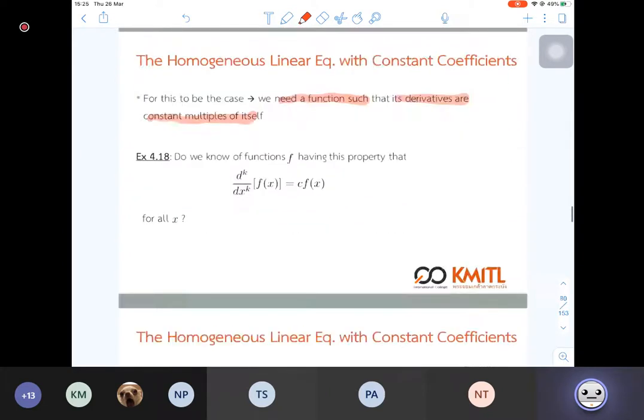Okay, the question is, do you know such functions? The functions that when you take the k-th derivative of the function, you get some constant times that function. Any idea? Can you tell me any idea?